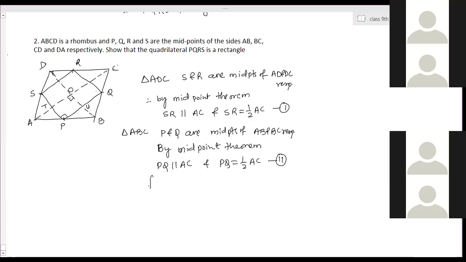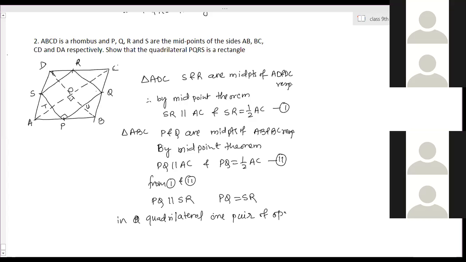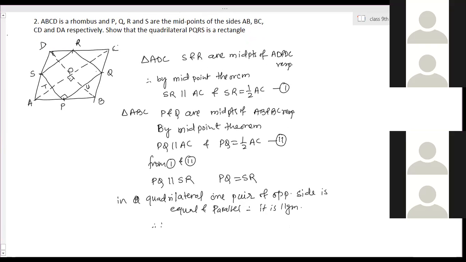This is equation 2. So from 1 and 2, PQ is parallel to SR and PQ is equal to SR. In a quadrilateral, one pair of opposite sides is equal and parallel. Therefore, it is a parallelogram.